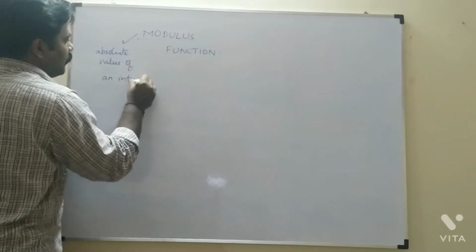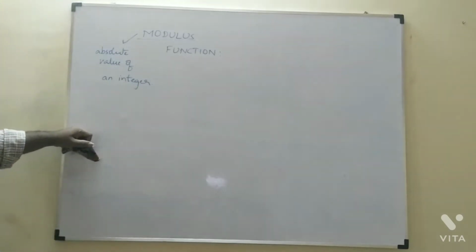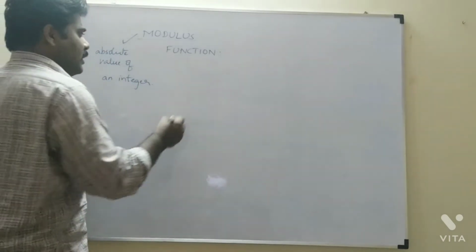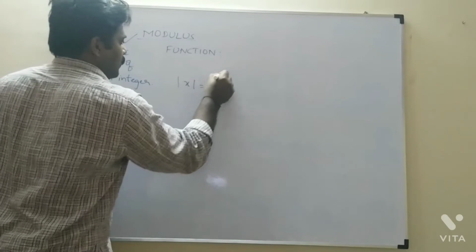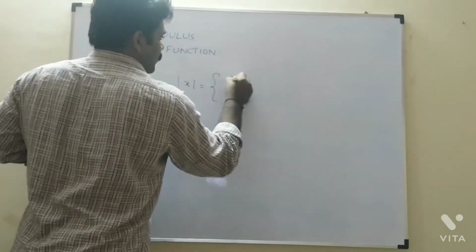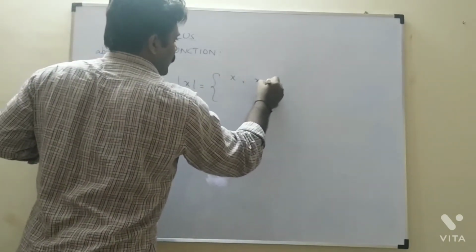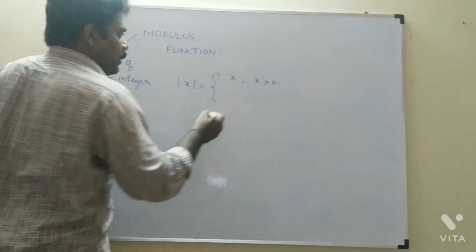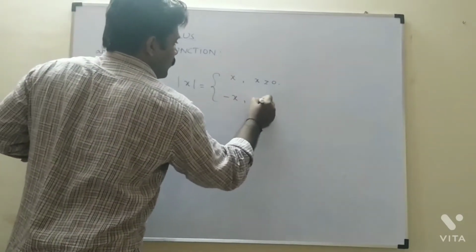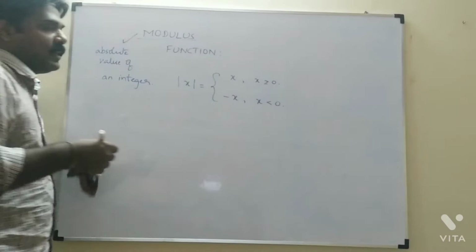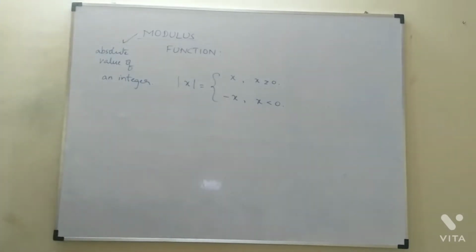That is the meaning of modulus. Right, now let us say modulus of x will be x for x greater than or equal to 0, and it will be minus x for any x value less than 0.